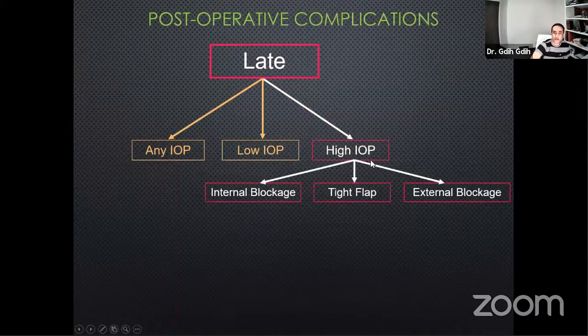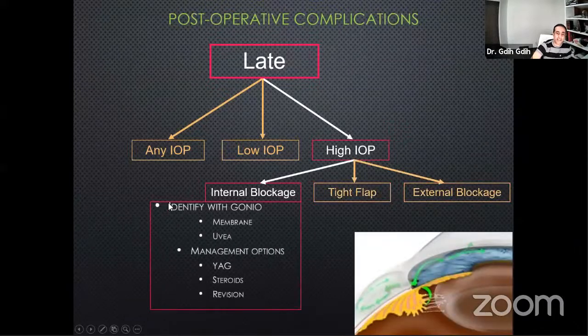And then high IOP as a late complication. Again, remember we discussed these in the beginning. You can have these late as well. They can happen anytime. So if they are late, identify with gonio the same way and treat as needed.